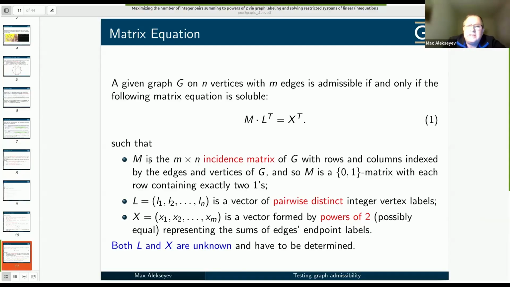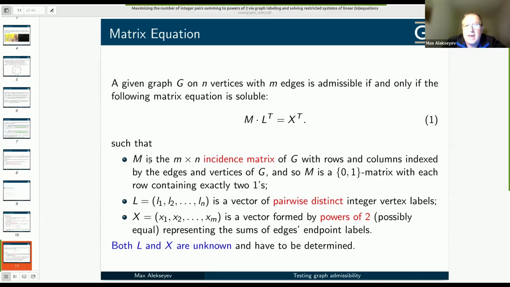Now, the 2 other entities in this equation, vector L and vector X, unfortunately are unknown. If one of them were known, we could easily solve this linear equation. However, the trouble is that they both are unknown, and furthermore, there are restrictions on what L and X can be.